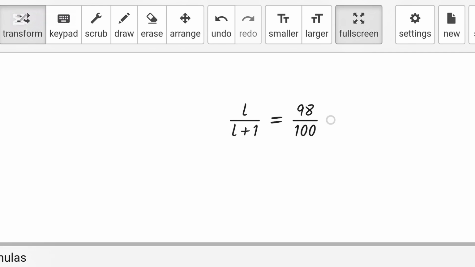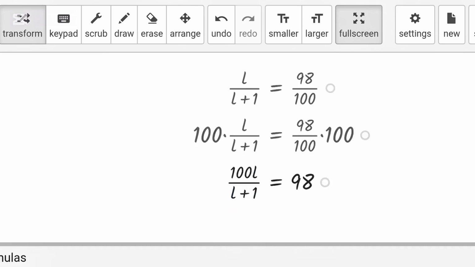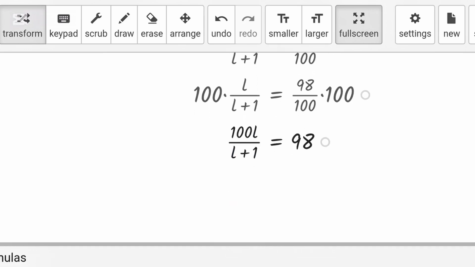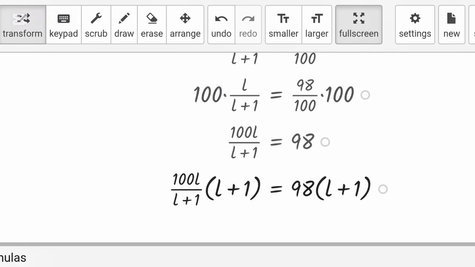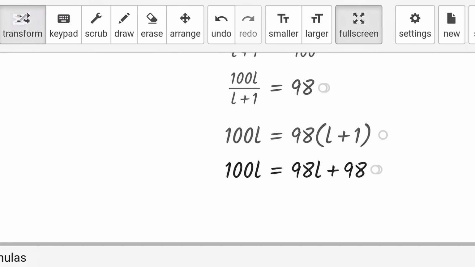The first thing we can do is multiply both sides by 100. The 100 cancels the denominator on one side and multiplies L on the other, making it 100L. Next we multiply both sides by the denominator, L plus 1, and open the bracket by distribution: 98 times L is 98L, and 98 times 1 is 98.